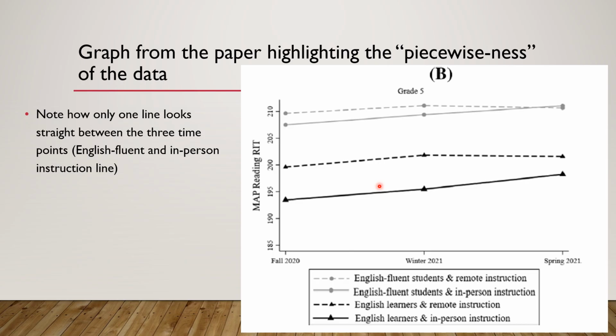So there's only one line that, if I asked my program to give me the equations for these lines and told it to use a linear model, it'd only be accurate for this one group of students up here, because they had a consistent rate of growth from fall to winter and winter to spring. But if I told it to use the same model for these other 3 lines, it wouldn't correctly give me the rate of change or rate of growth for these students.